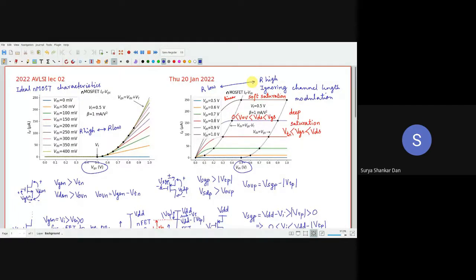That is the reason why these devices are called transistor. This one and this one. So we will just remove this part and it turns out to be a transistor.